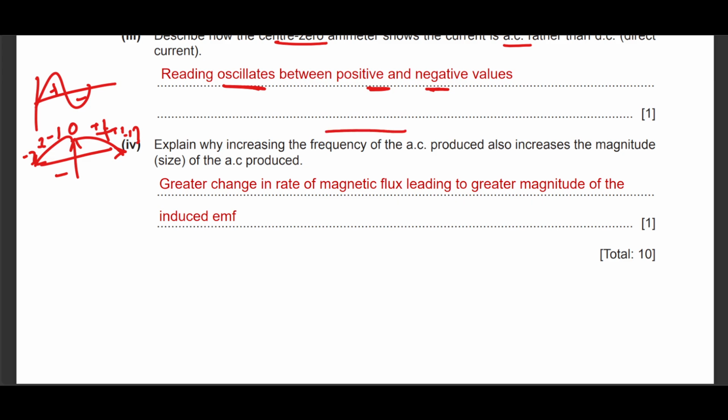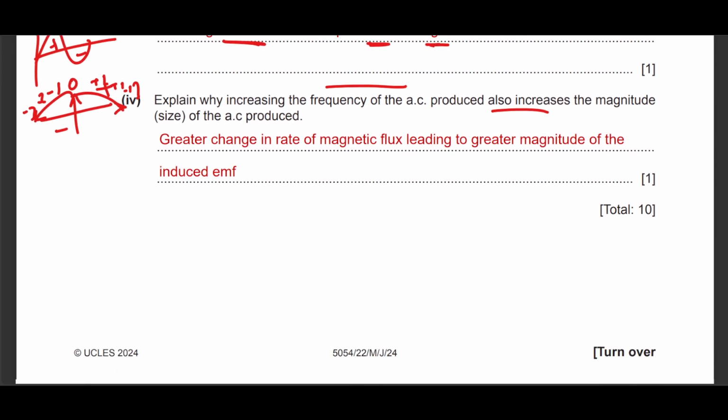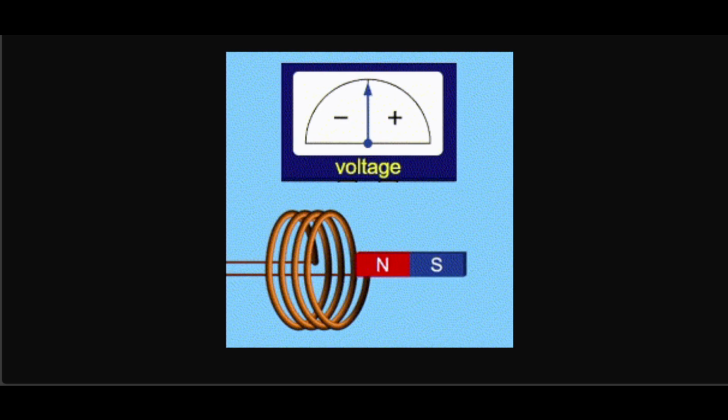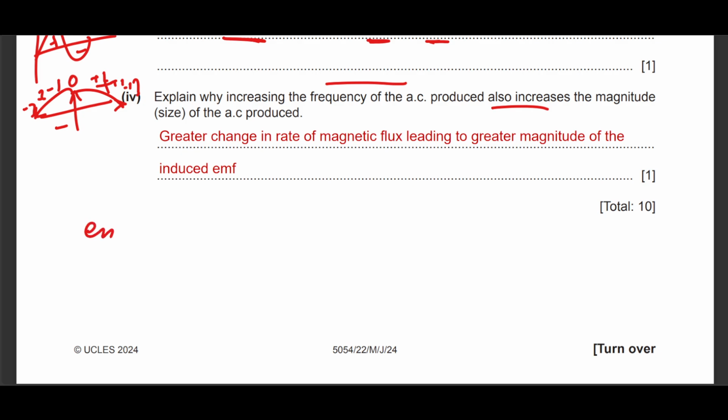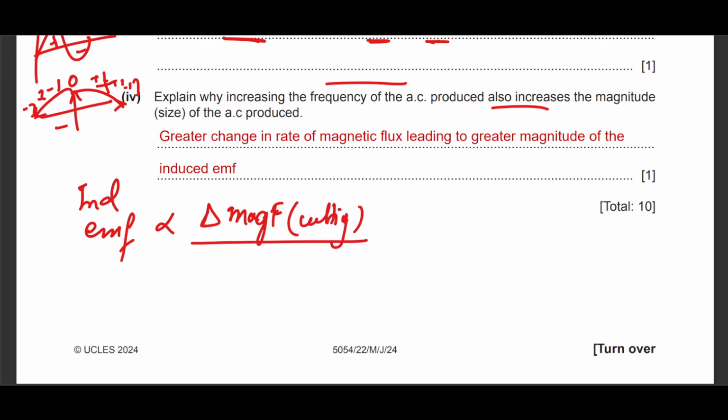Explain why increasing the frequency of AC also increases the magnitude of induced EMF. You see, if you move the magnet faster, you are cutting the coils at a faster rate. The induced EMF depends on 2 factors: the change of magnetic flux, which we referred to as the cutting of the coil, divided by the time taken for the process.